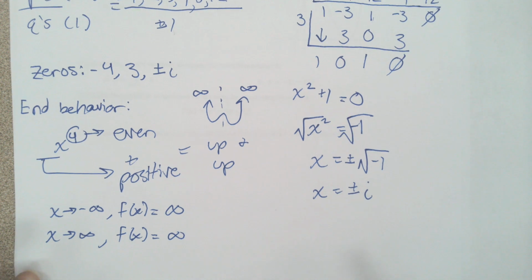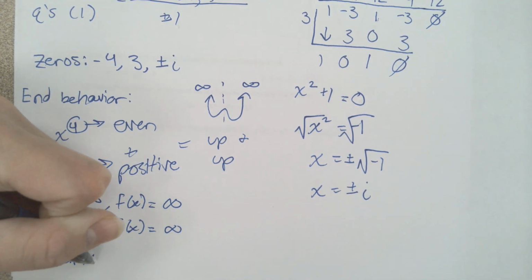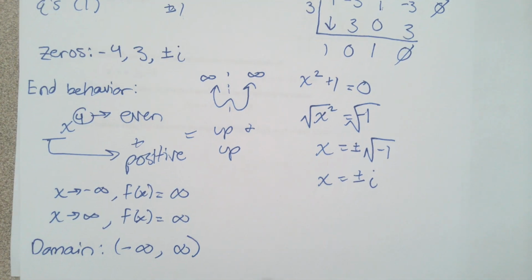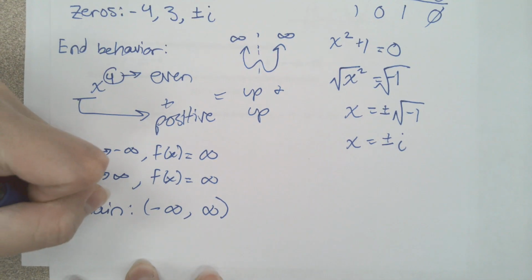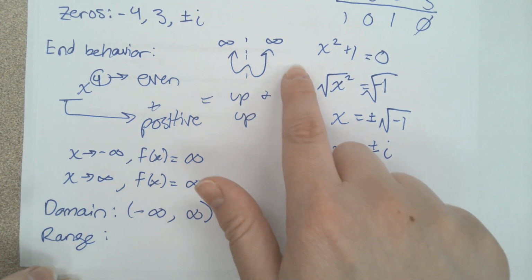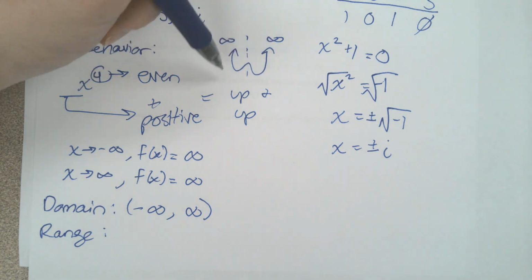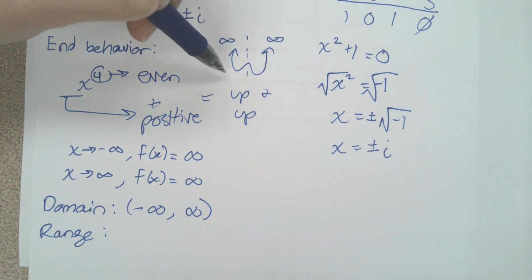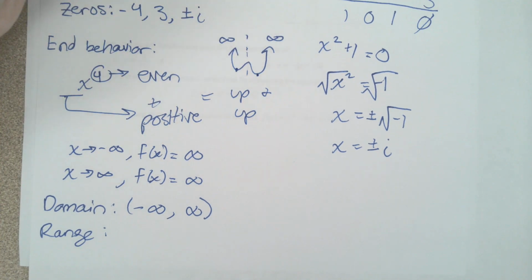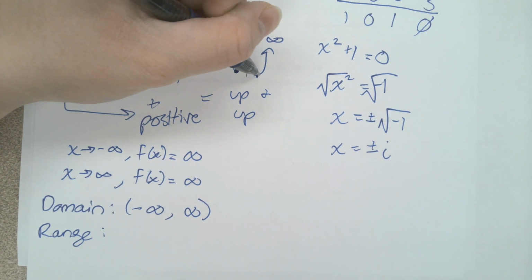All right, domain and range. So the domain, we should pretty well be able to believe that it's still negative infinity to positive infinity. Now range is a little murky here because we know that our graph is going to look something like this, meaning it is going to turn around at some point. If you graph this, you can't see where the lowest point is. We can't actually see what these points are on the graph.